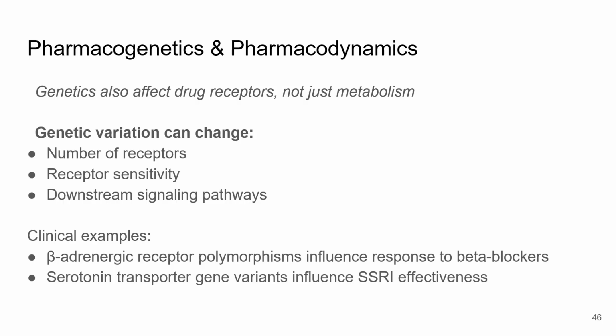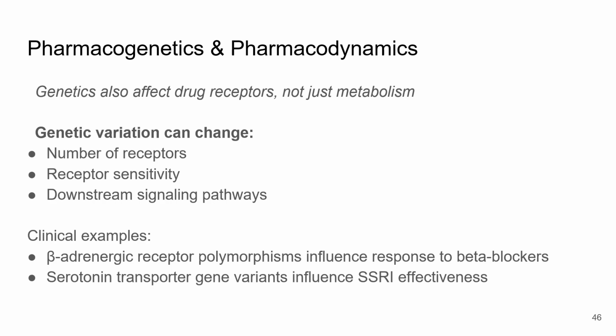And these are important genetic variants. Clinically, some examples would be beta-adrenergic receptor polymorphism. This influences how patients respond to beta blockers. Some patients have a strong heart rate and blood pressure response, while others respond less robustly.